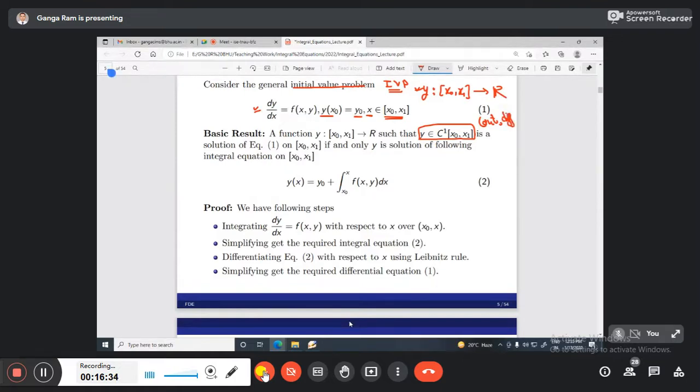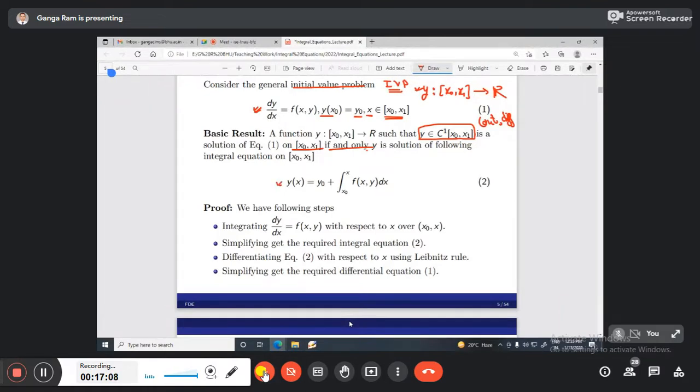If this function y, defined from this closed interval to R, belongs to this class, meaning it is continuously differentiable, then that function is called the solution of 1, meaning this initial value problem on the interval, if and only if y is a solution of the following integral equation.